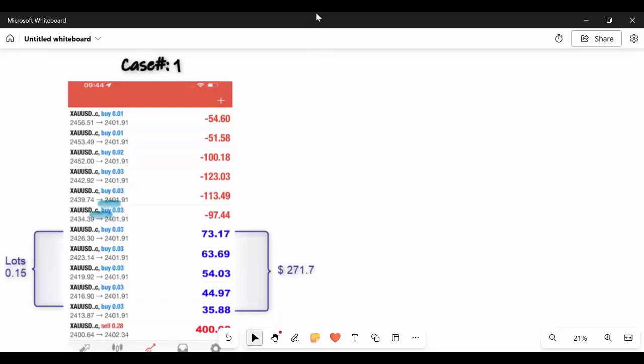Can you let me know if you are seeing my white screen? Yeah. All right. So now let's grab our calculator and bring it to the white screen. I don't know what is going on here. Okay. Let me do my print screen.